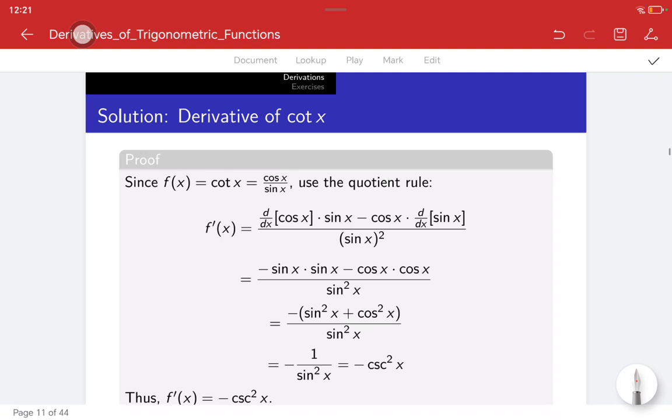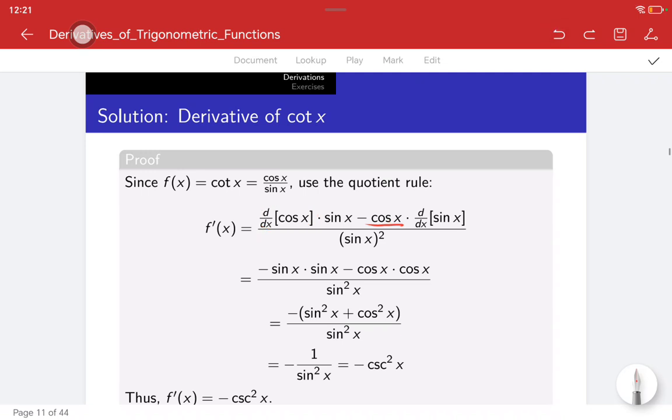And we must always derive the numerator first, then we keep the denominator. Now we subtract, so we do the opposite. First, we derive the numerator, we keep the denominator. Now I do the opposite. Or you do as I showed you on the previous example.